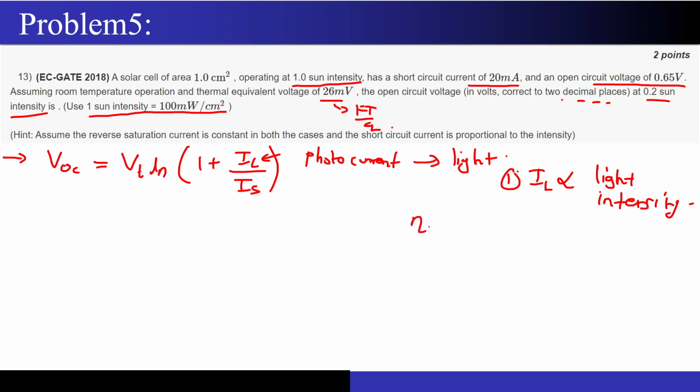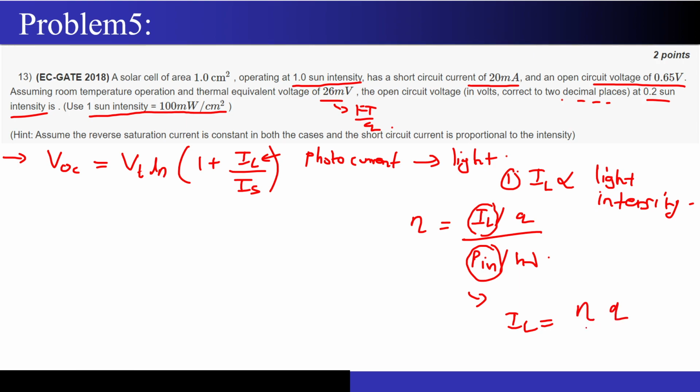So the efficiency you have already seen, correct? What was the efficiency? It was nothing but, let me write, IL by q upon P in by h nu, correct? How much current am I generating by incident light of a particular power? From here, if I rearrange the equation, IL is nothing but efficiency into q by h nu into P in.